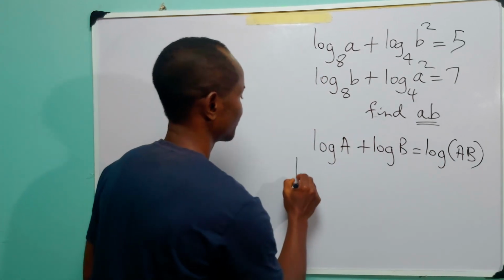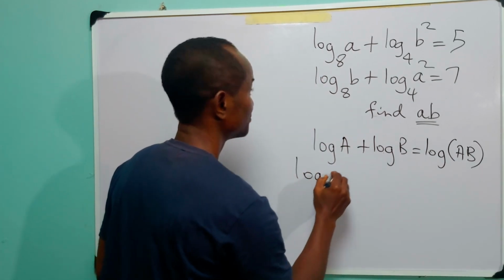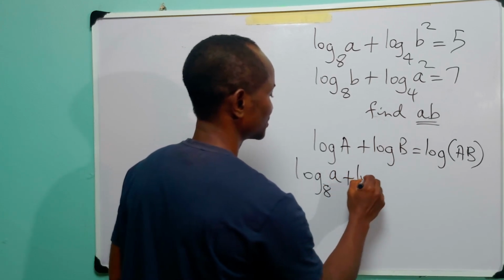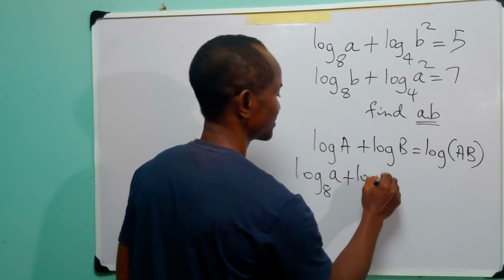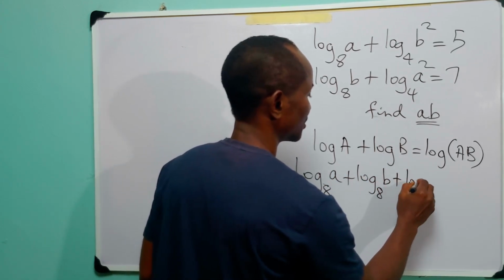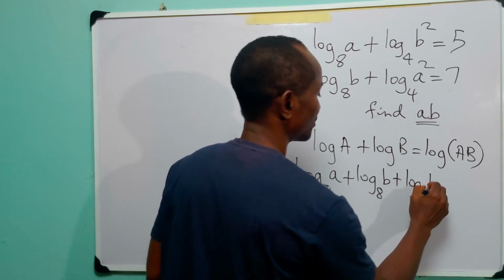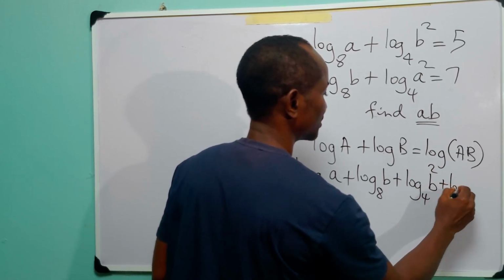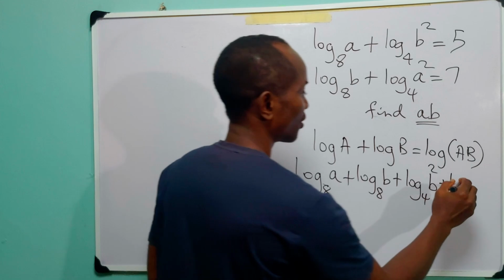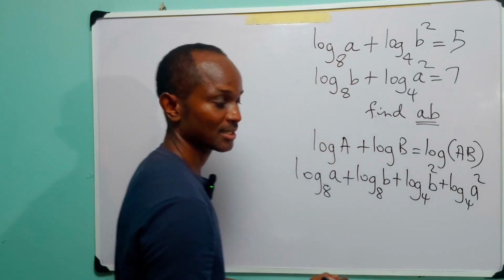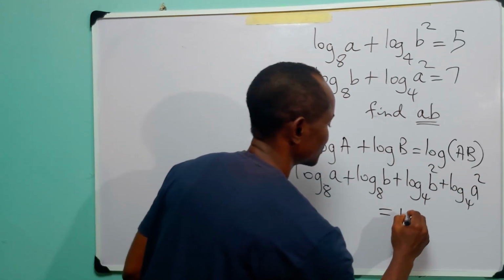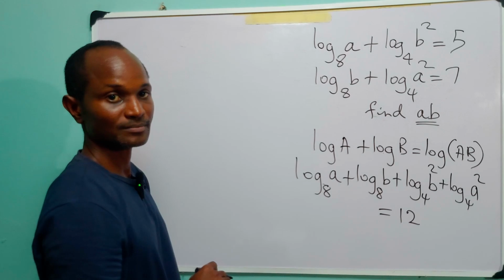So we have that log to base 8 of A plus log to base 8 of B plus log to base 4 of B squared plus log to base 4 of A squared is equal to 12.